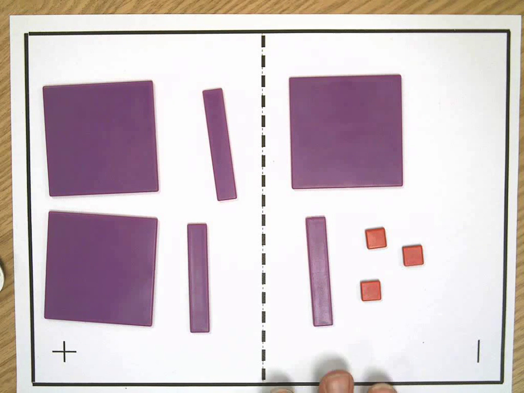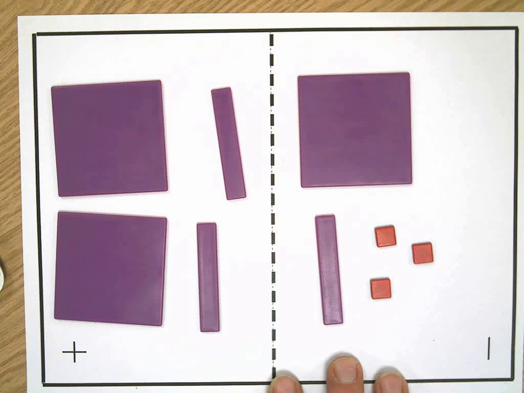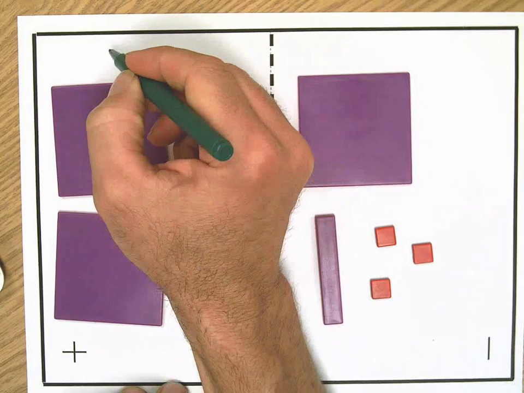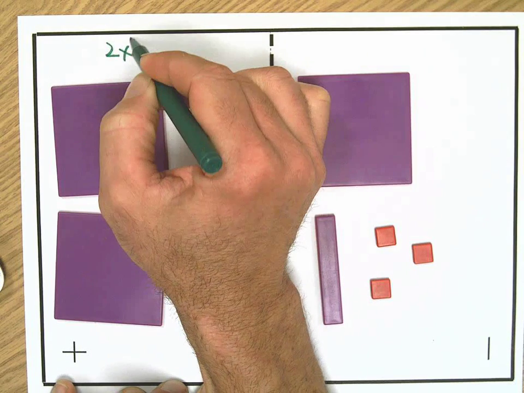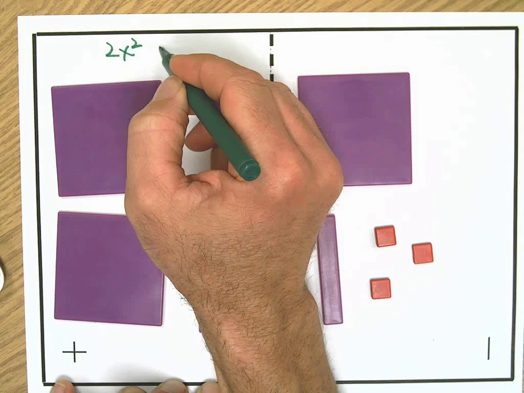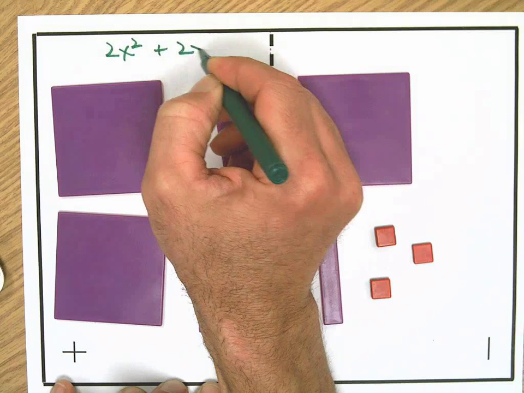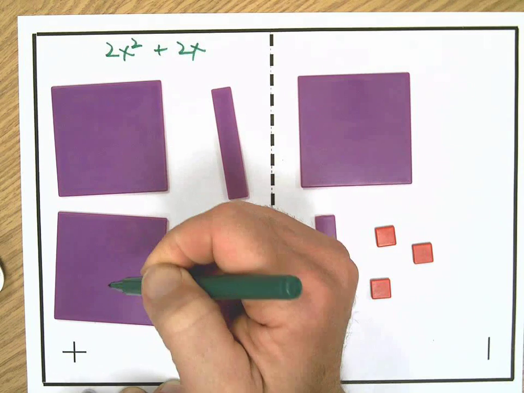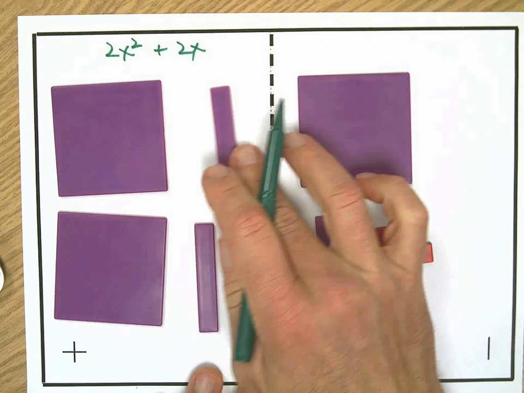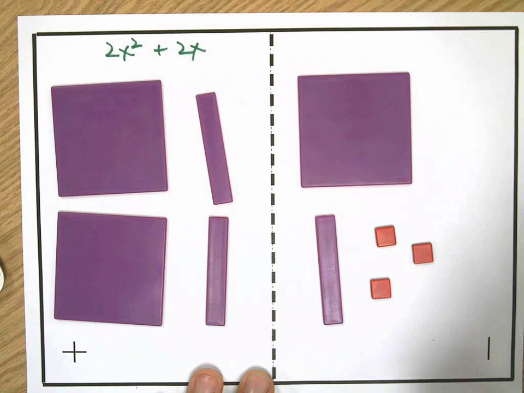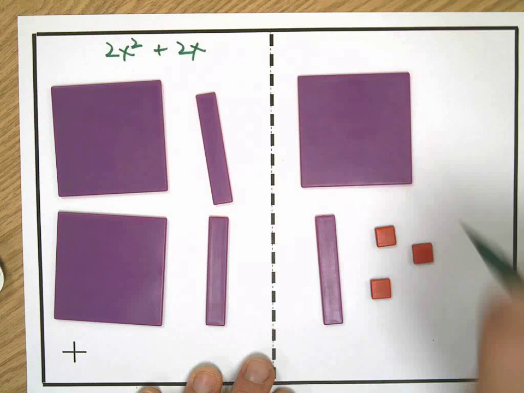Okay, did you write the expression? Let's see what we have there. On this side, I've got 2x squared and 2x. I've got two of these, they're not red, so they're positive. I've got two of these, they're not red, so they're positive. On this side, it's the opposite.